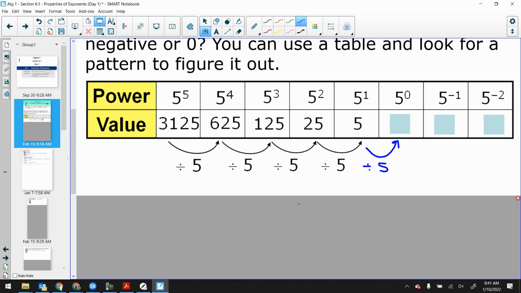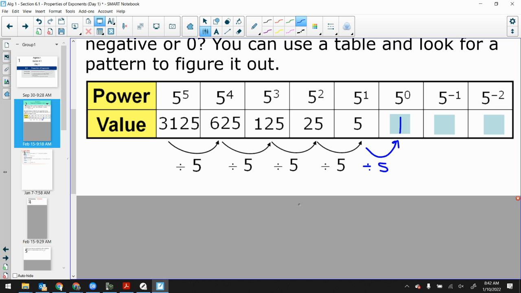Because it's divided by 5, right? 25 divided by 5 is 5. What is 5 divided by 5? 1. And that's why anything to the 0 power is not 0, but 1. Anything raised to the 0 power is 1, always.